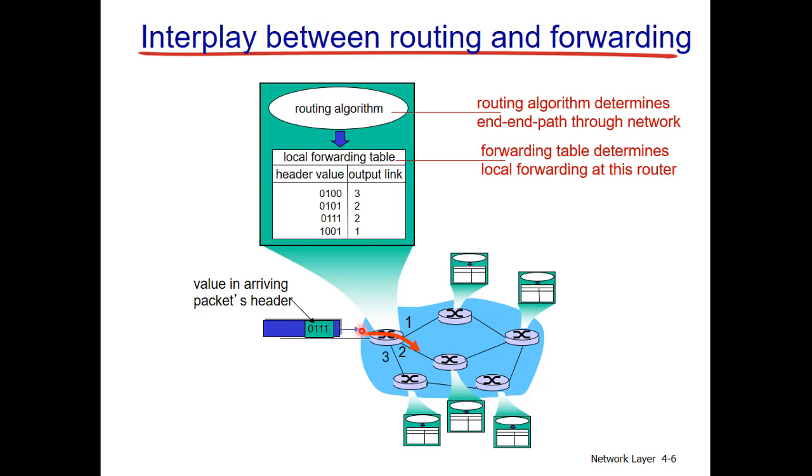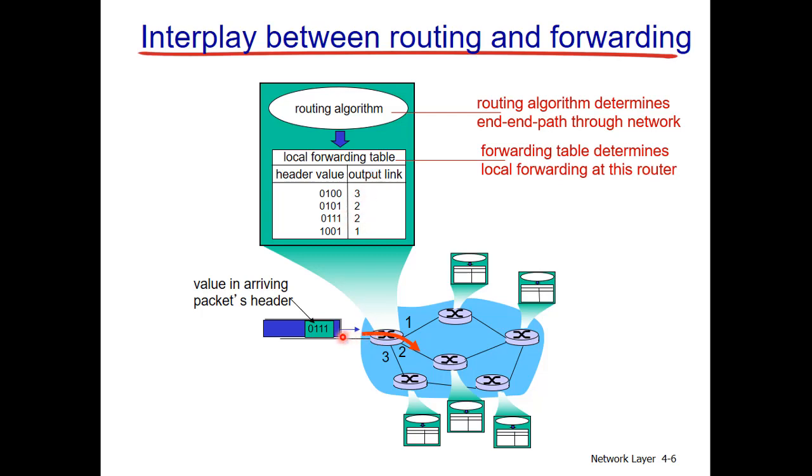Once this packet arrives, let's assume that this is the header of the packet, 011. Forwarding will check this packet header and compare its header value to its local forwarding table. It finds that this header value matches 011, and it says that when it matches this header value, it needs to forward that packet to output link number 2.